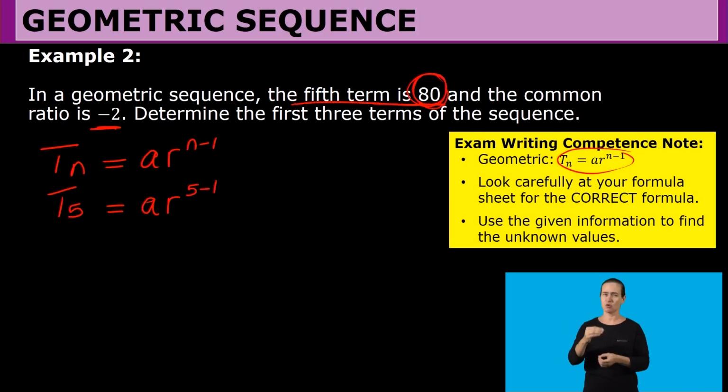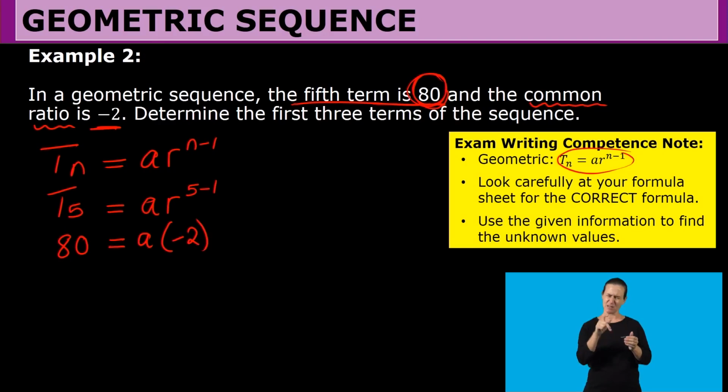So in the place of T5, we can substitute that value there. When we look further into the statement, it also gave us the common ratio, and that common ratio is -2. So we can substitute that common ratio of -2 as well. And of course, for the exponent, 5 minus 1 gives us 4. So how are we going to solve for that?